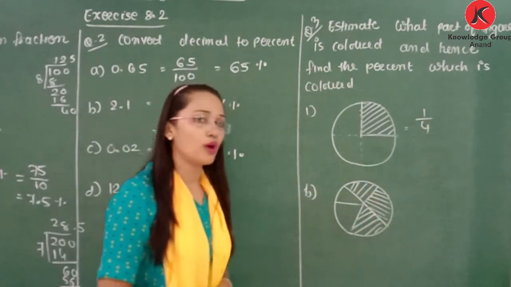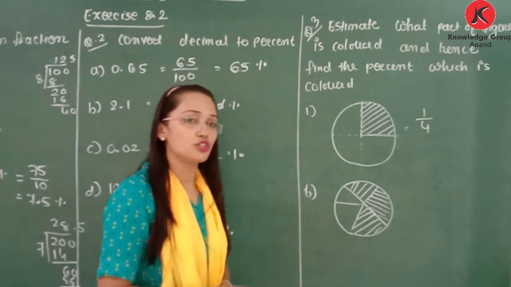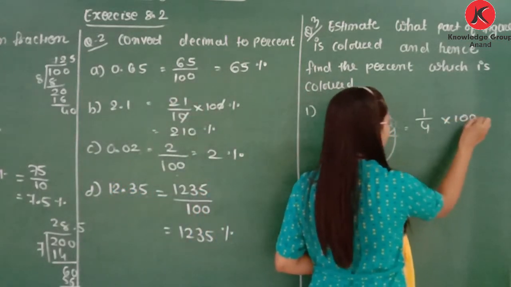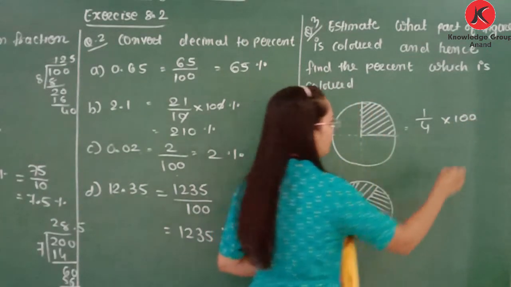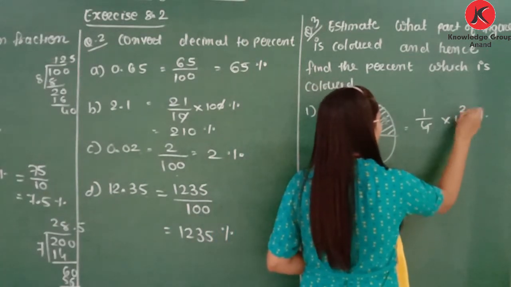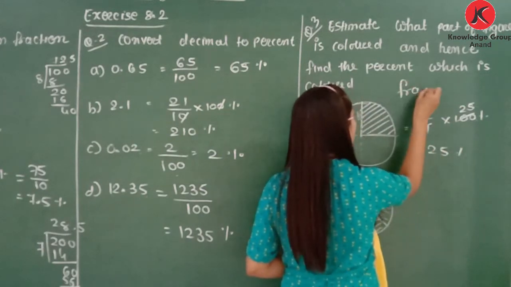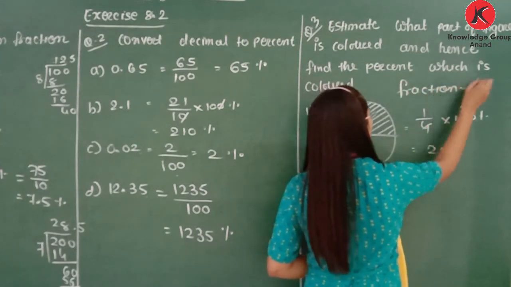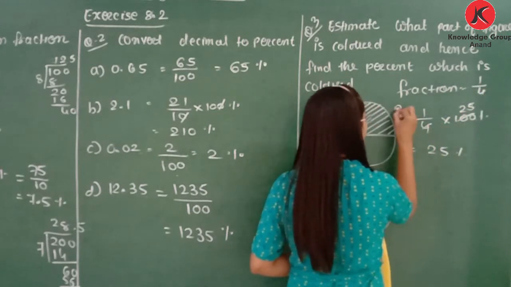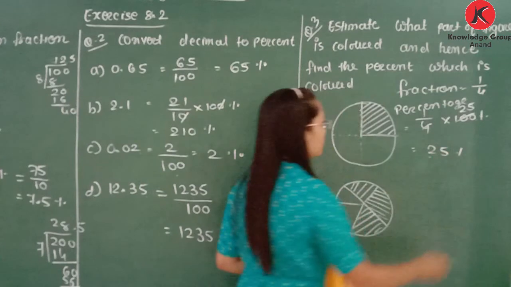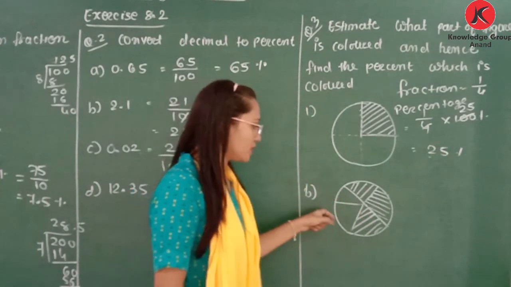Now we already know how to convert a fraction into percentage. It is multiplied by 100%. So 25 4s are, so it is 25%. Means fraction is 1 by 4 and percentage is 25%. Clear?